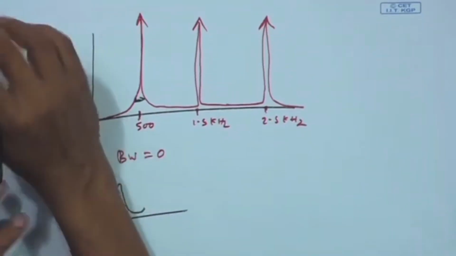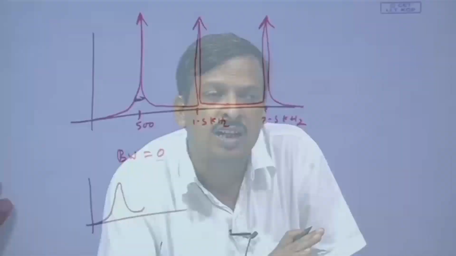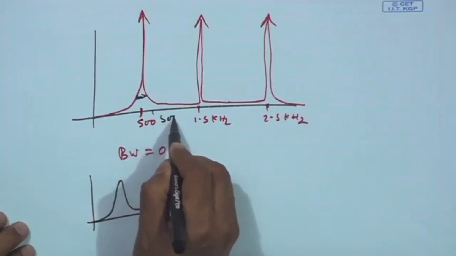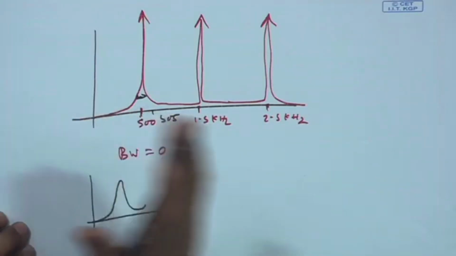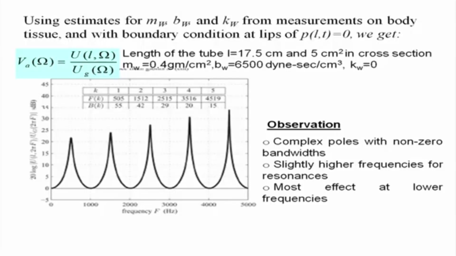So, the poles are complex with non-zero bandwidth, at slightly higher frequency. Instead of 500 hertz, it may be 505 hertz. The frequency is shifted slightly towards the higher frequency side, and the lower band is most affected.